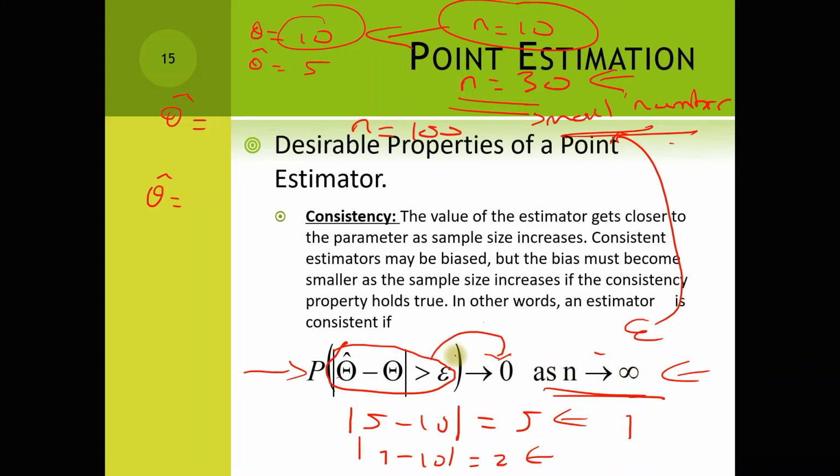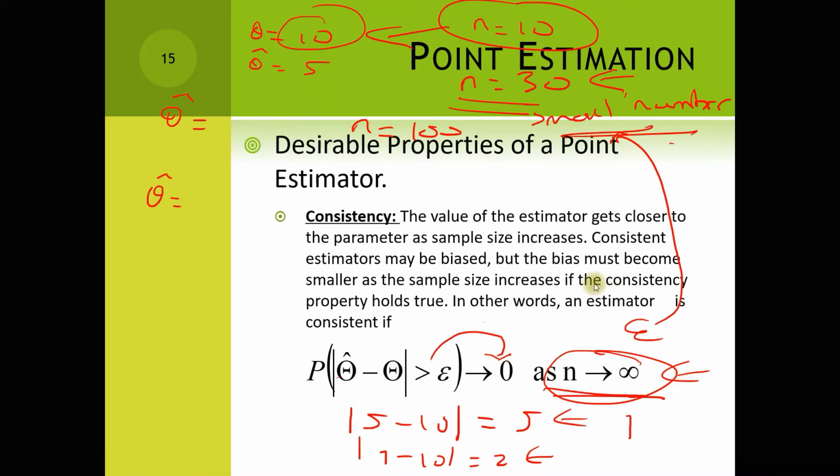Right? Very close to zero means it is almost inexistent. If the sample size is very, very large, the probability of even a small difference is inexistent. It's going to be very, very low. That is what consistency is about here.